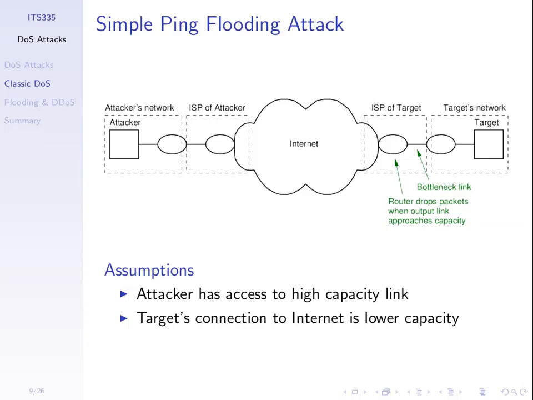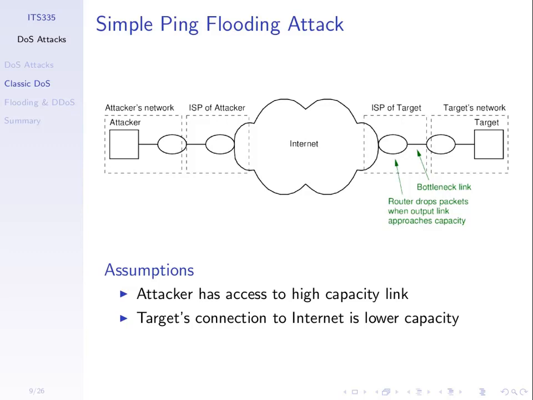If we send enough packets in such that we start to reach that capacity, then the link is carrying packets from the attacker, and it cannot carry the packets from the normal users. And normal users out on the internet that are trying to access the target web server cannot access. They're denied service. That's the idea here.